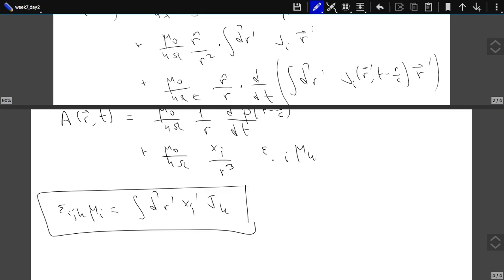Here, k is the last index of the epsilon. x′ has the index j, so j is the second index. And μ has the same index as the first index of the Levi-Civita, k. So that is the second term in the expression of my vector potential.